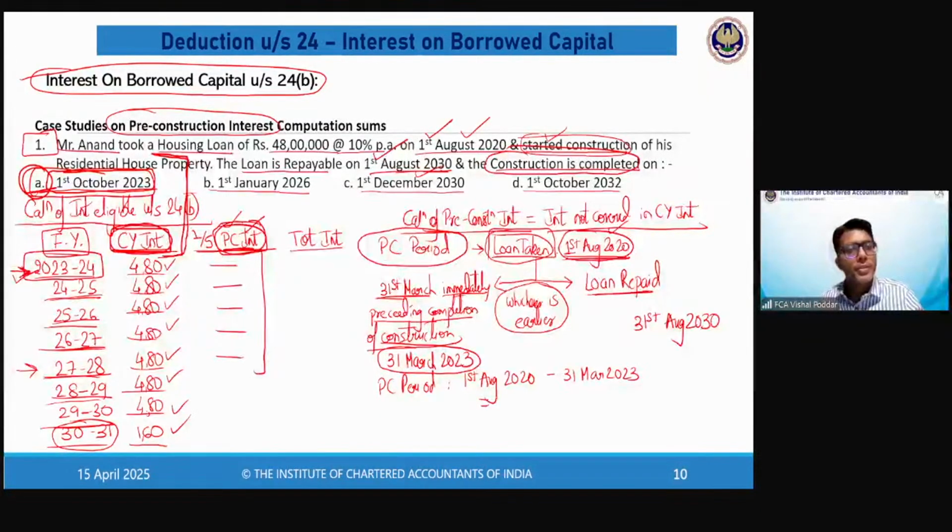How much period is this? It is 2 years and 8 months. Am I right, students? 2 years and 8 months is this period. How can it be 2 years and 7 months, Pragya? I think it is 2 years, 8 months.